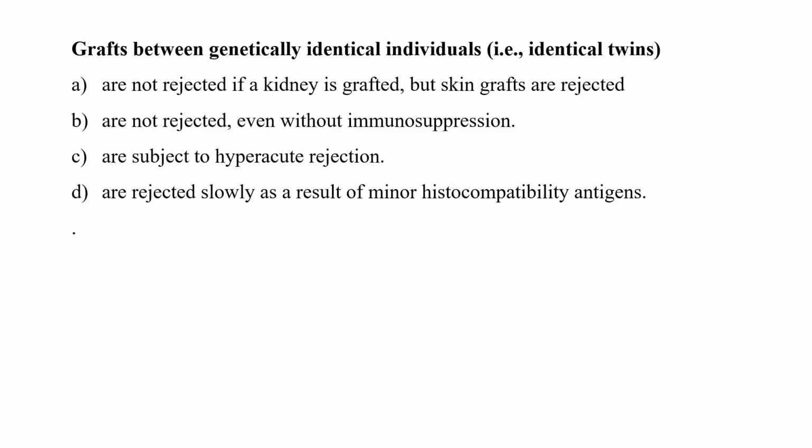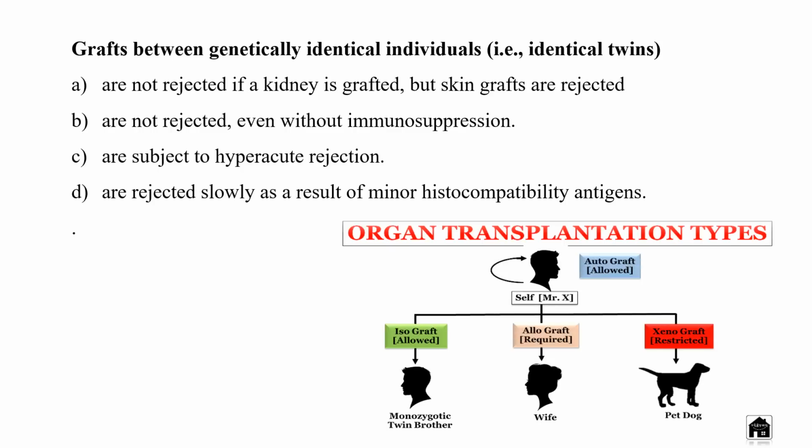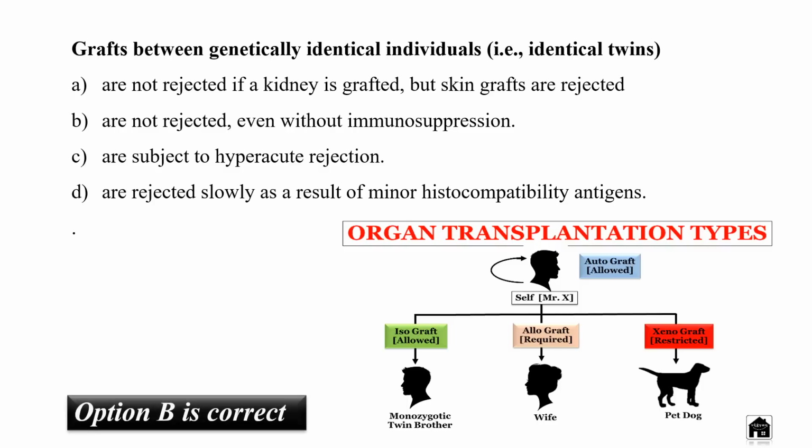Basically, barring technical difficulties, a graft between genetically identical twins or individuals is readily accepted and is almost never rejected. Such grafts are also known as isografts, as you can see in the figure. So here option B is the correct answer, that grafts between genetically identical individuals or identical twins are not rejected even without using immunosuppression.